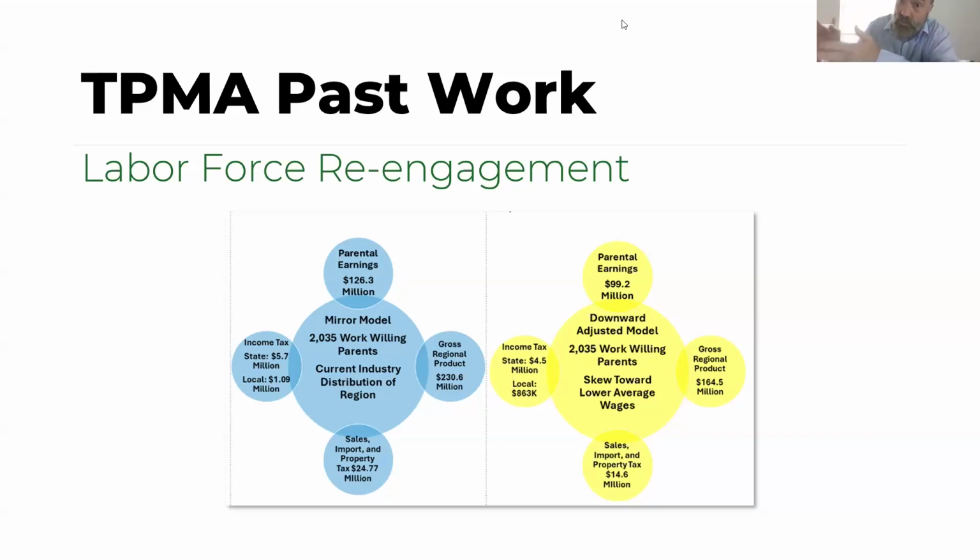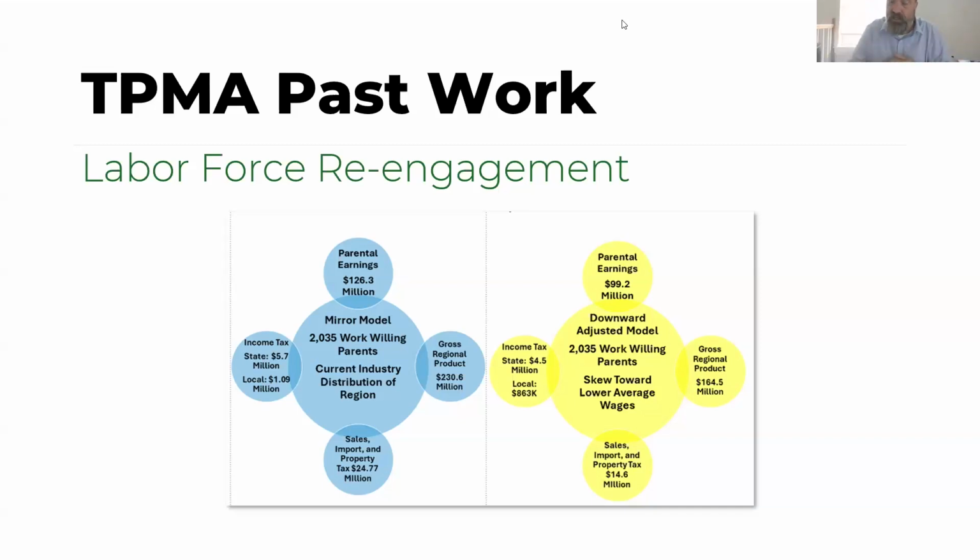So what we did on this right side, the yellow portion, is we called it the downward adjustment model, where we applied our proprietary methods, reassigned these 2,035 parents weighted heavily into industries and occupations where the rate of pay was probably below the median for the region, and then re-estimated what that economic impact would be.